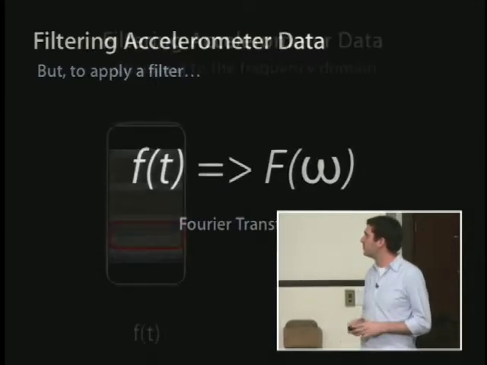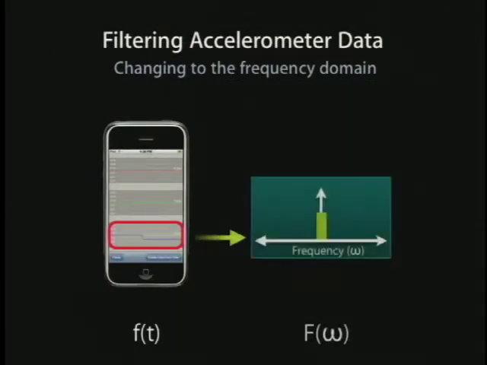But the basics of what you'd be doing is converting from the time domain to the frequency domain. The graph on the left is the time domain. We're seeing over time what the acceleration values are. If we convert to the frequency domain, it shows us the frequencies that we're seeing in that graph. So in this case, we're seeing a constant frequency at 1g.